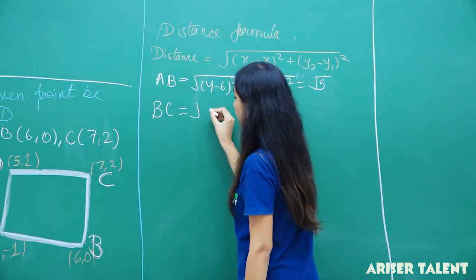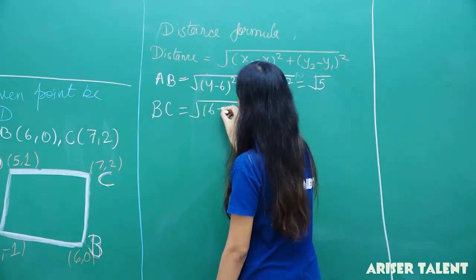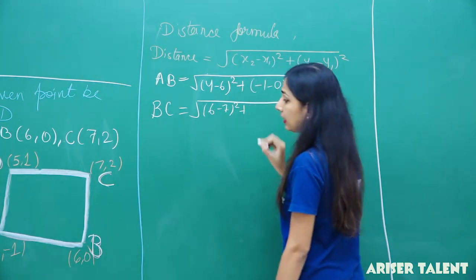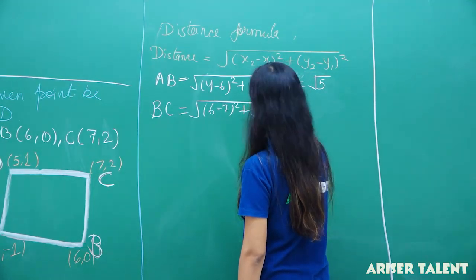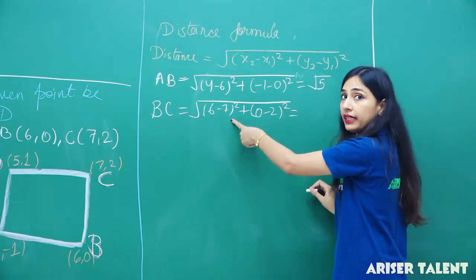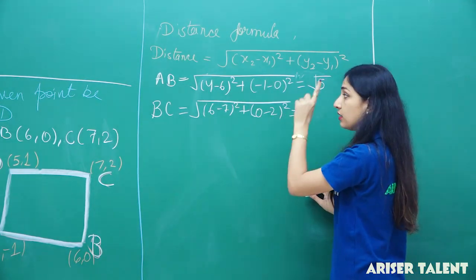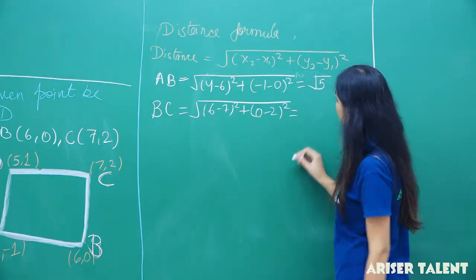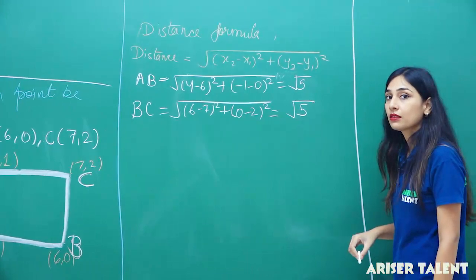Okay, now I'll go with BC. Now BC is B and C here, so 6 minus 7 for the abscissas and 0 minus 2 for the ordinates, squared. This is minus 1 squared is 1. Now this is minus 2 squared is 4. Root 5 again.